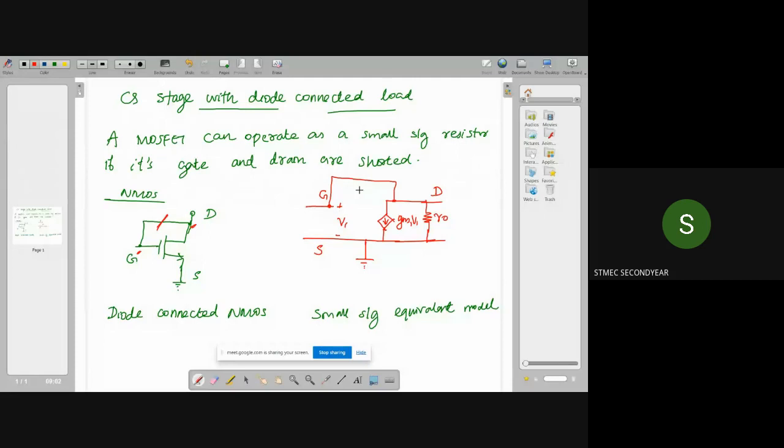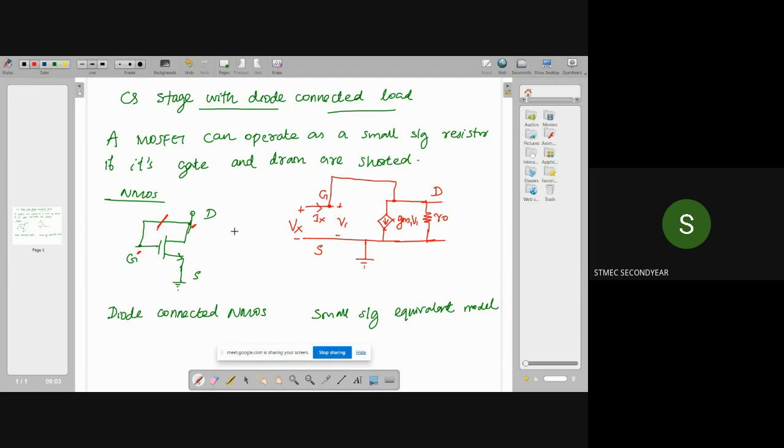Now we calculate the net resistance offered by this diode connected load. In order to calculate this resistance, I am assuming that I apply a voltage Vx to the input side, and a current Ix will pass through the circuit due to this applied voltage.